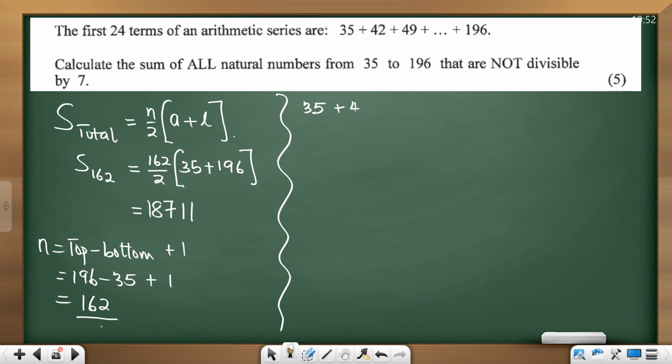Just to show you something. 42. What do you think the next number is? Let's continue the sequence. 49 plus 7. 56. What's the next number? 70.